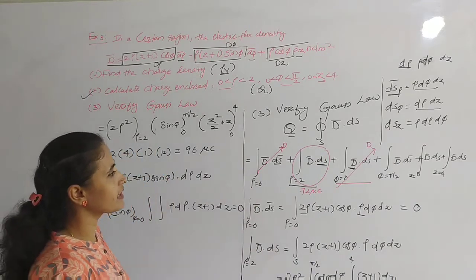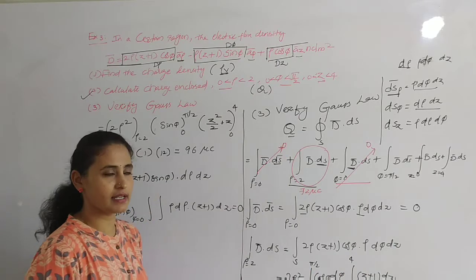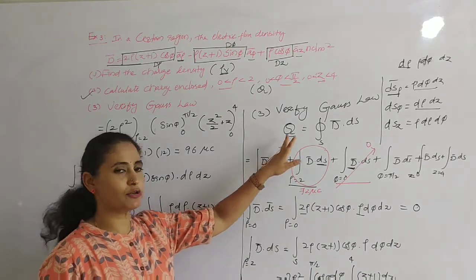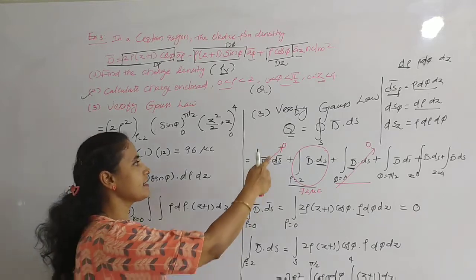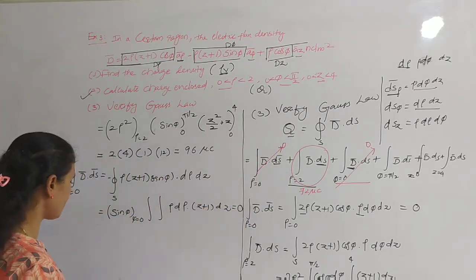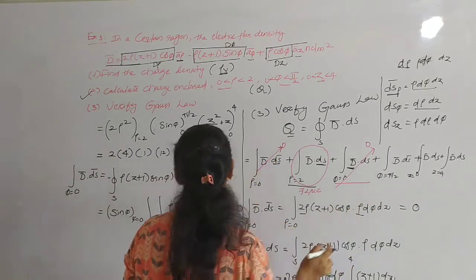Now let us solve the remaining three integral terms, and take the summation of all of them, and see whether it equals Q, which we obtained in the previous case. We obtained Q as 72 microcoulombs. Now the third integral term. What is the third integral term?